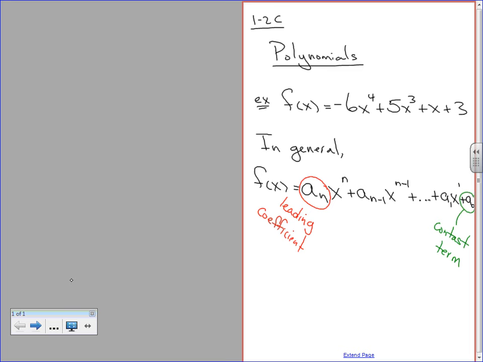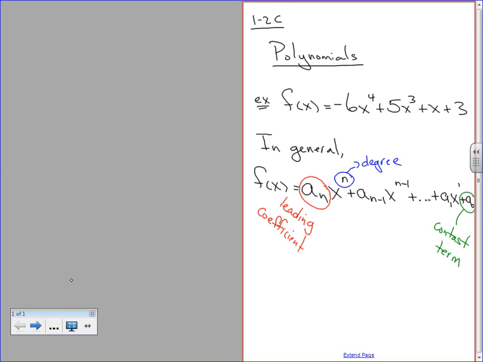The highest exponent in the polynomial expression, which is usually written first, we write it in standard form, so this exponent right here, that tells us the degree of the polynomial. So for example, in my previous example, the degree of this polynomial is 4, so that's the highest exponent. The leading coefficient is -6, and the constant term is 3.